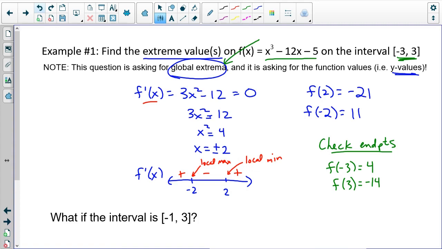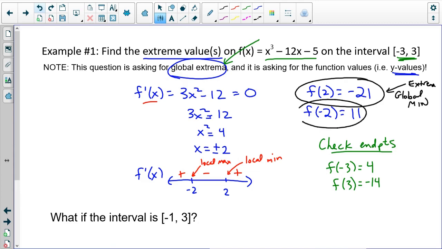So if I'm looking at this, the extreme values in this problem are the smallest value and the biggest value. So this is a global min, and this one right here is the global max.